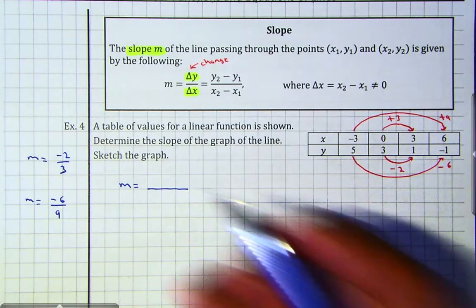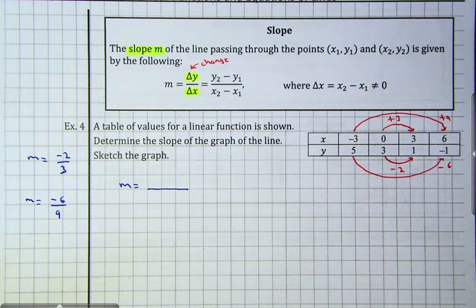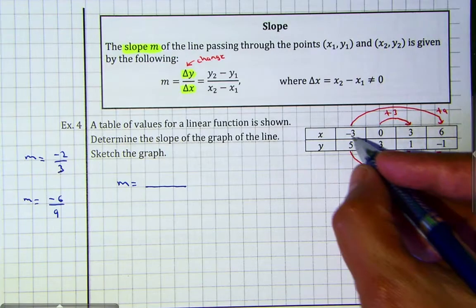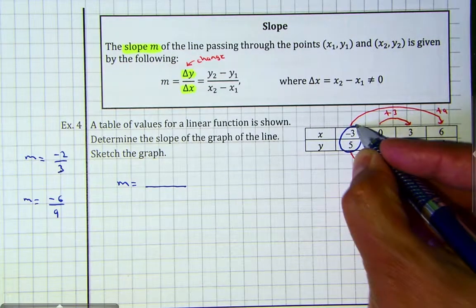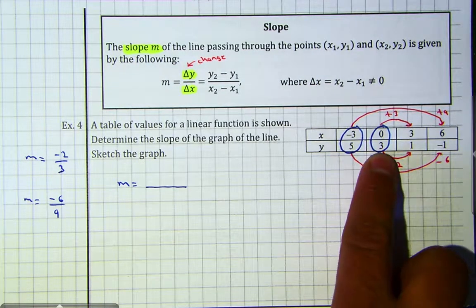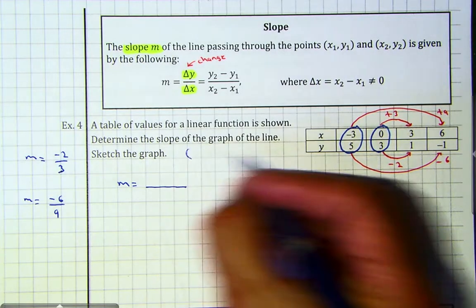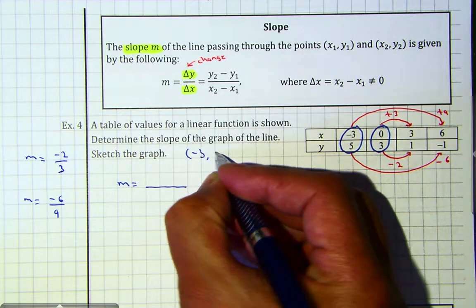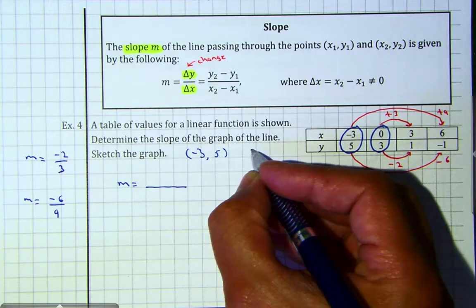But we can also use the formula. I want to select two given points, so let's select the first one and the second one, and find the slope. My first point will be negative 3 and 5, and my second point will be 0 and 3.